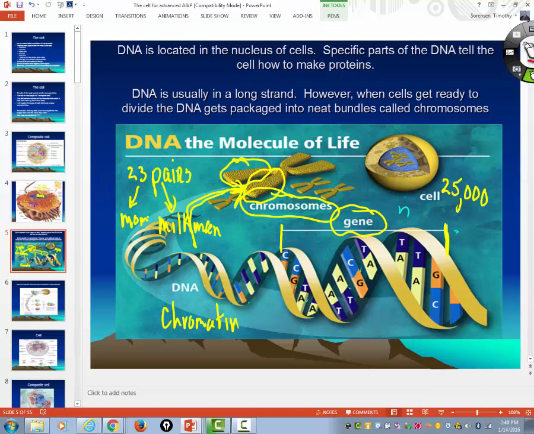So if you watch the original Jurassic Park, how the mosquito sucked out some of the blood from the dinosaur, a white blood cell, because it can divide, has all the genetic information to make all the proteins in that dinosaur. So that's why you only need one cell to determine the genetic makeup of an individual.